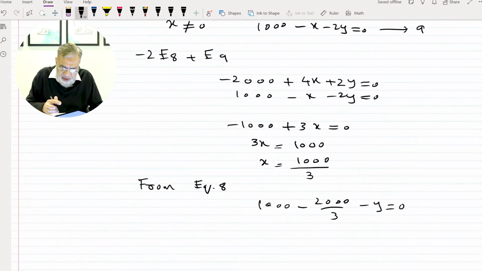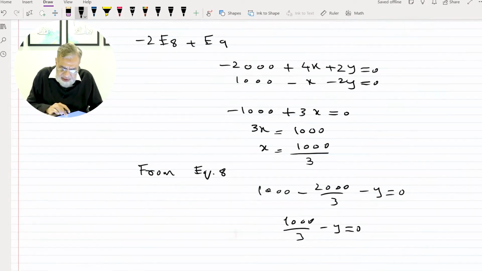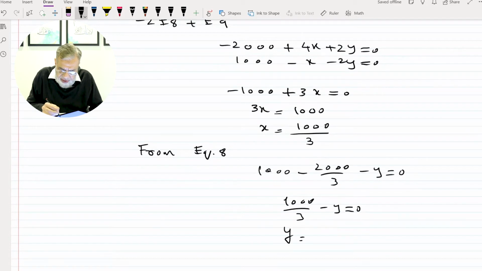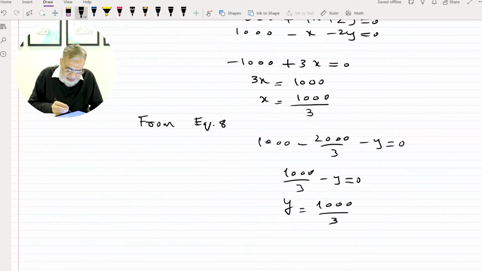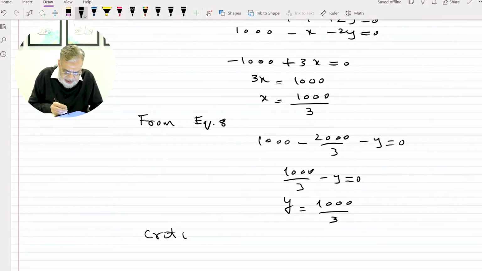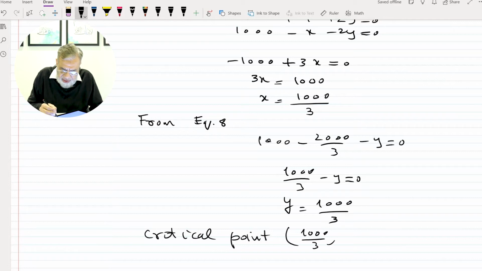I simplify this one: 1000 becomes 3000 over 3, so we get 1000 over 3 minus y equal to 0. That gives me the value of y, which is 1000 over 3. So I have only one critical point. My critical point (x, y) is 1000 over 3 and 1000 over 3.